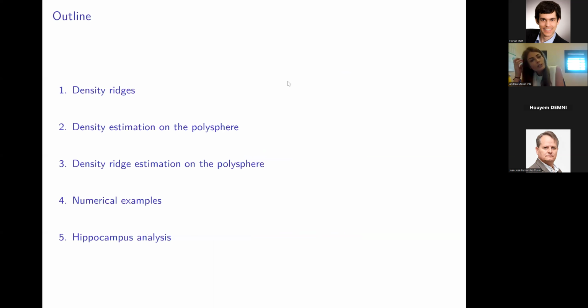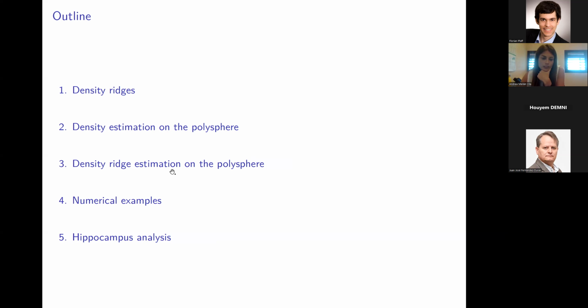So this is the outline of this talk. In the first part, I'm going to introduce the formal and the intuitive definition of what density ridges are, taking into account that density ridges depend on the density function and that the goal of this work is to estimate the density ridge for data on the polysphere.